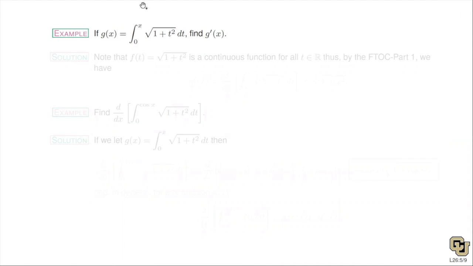Here, we should recognize that this is first and foremost a derivative problem. It's not an integration problem. And the one thing I would really warn you against is trying to evaluate this integral. There's no point in evaluating the integral to then take its derivative.